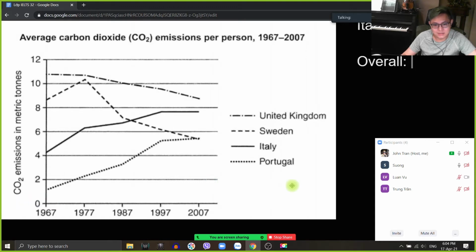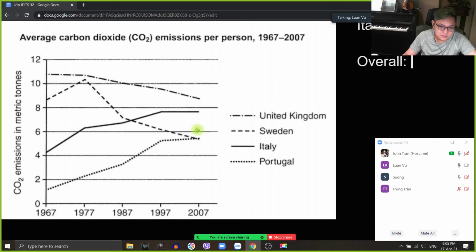Yes. Okay. Anything else, Mr. Luân? Do you see something general here? In general, there were two opposite trends on the graph. There was a huge gap in the first year of the period. However, it had to move closer to each other, right?